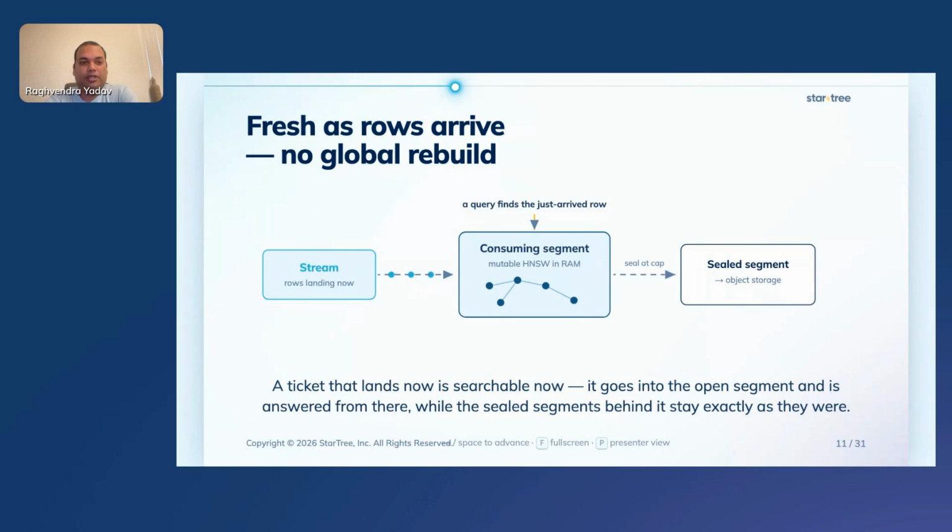Once we reach certain criteria, based on a size or a time, we seal the segment, and we call it a sealed segment. When the segment is sealed, it becomes an offline segment. Whatever data is in memory can be searched from the consuming segment, and whatever data is sealed can be searched from the object store.